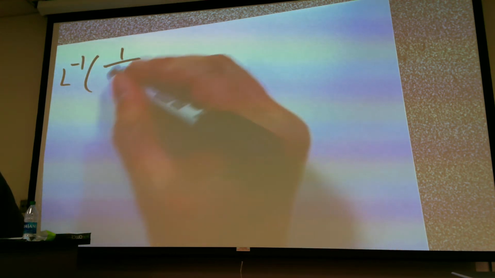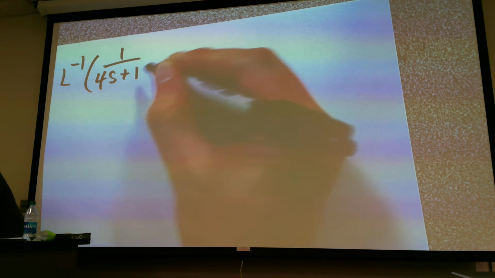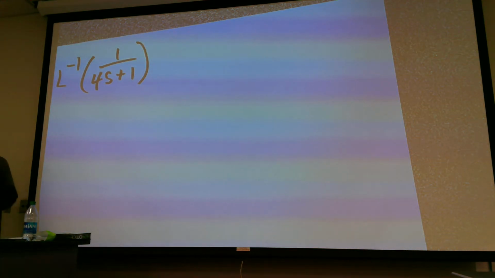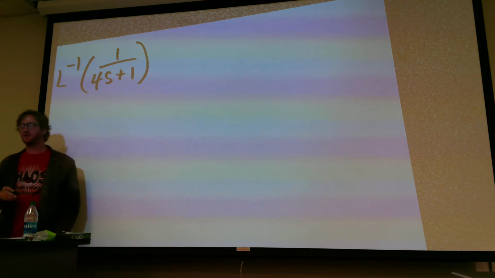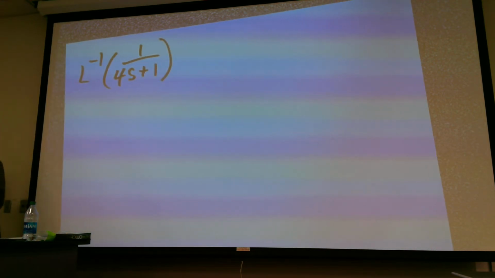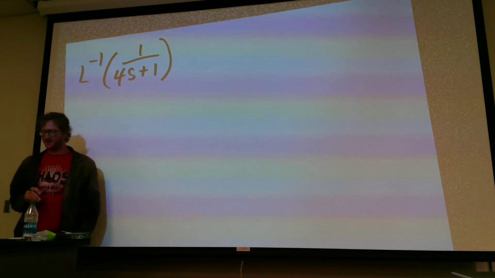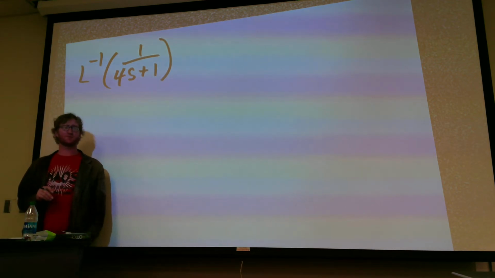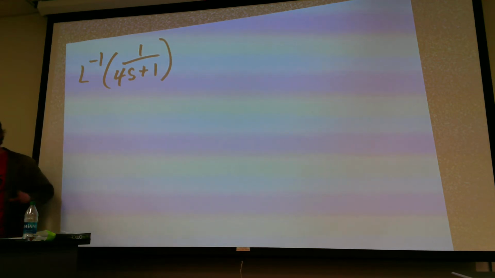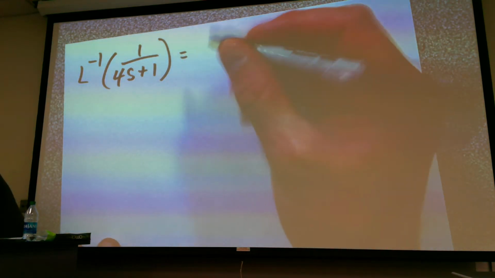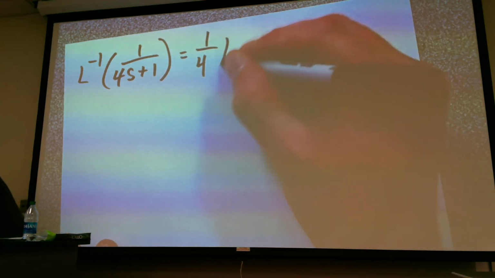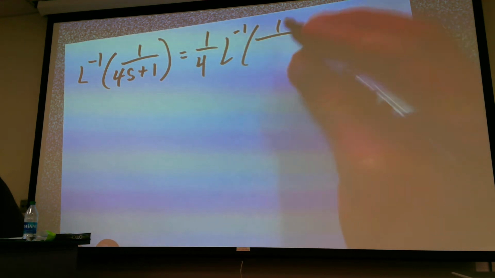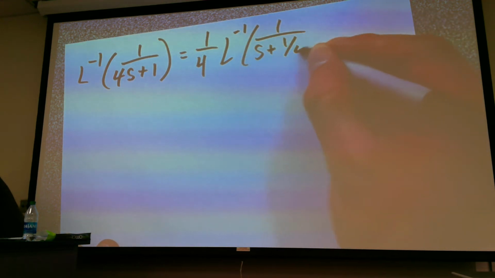Let's say we were trying to do L inverse of 1 divided by 4s plus 1. The formula for the inverse involving exponentials is s minus a. First of all, I do not want that 4 on the s, so I'm going to pull that out to begin the problem. That's going to be 1 divided by 4 times L inverse of 1 divided by s plus 1 divided by 4.